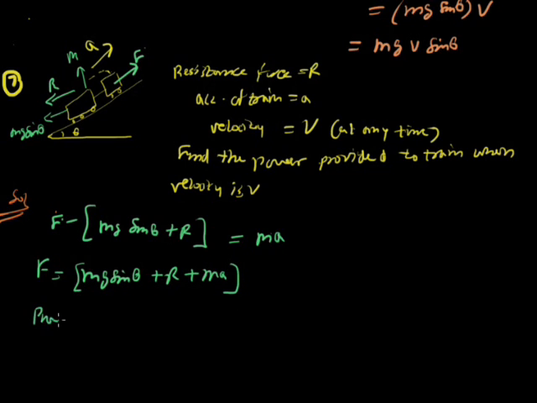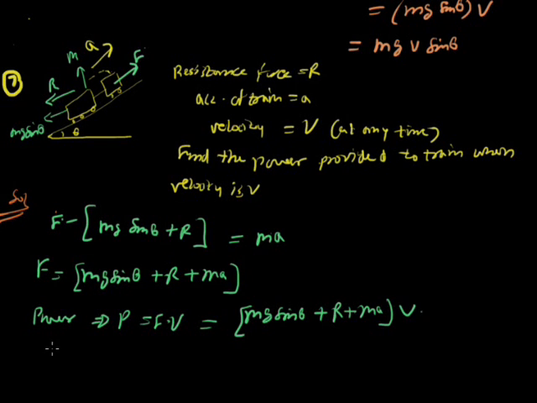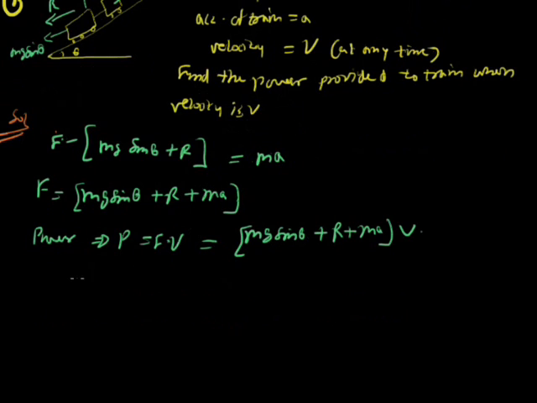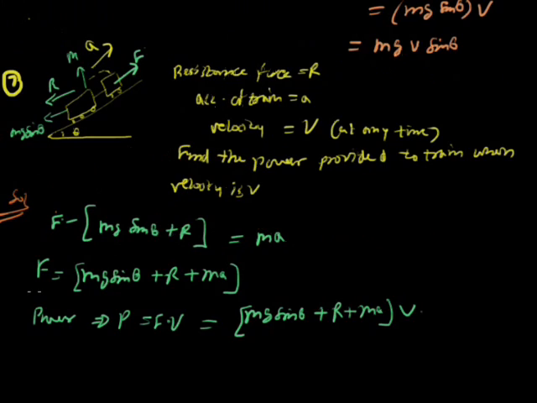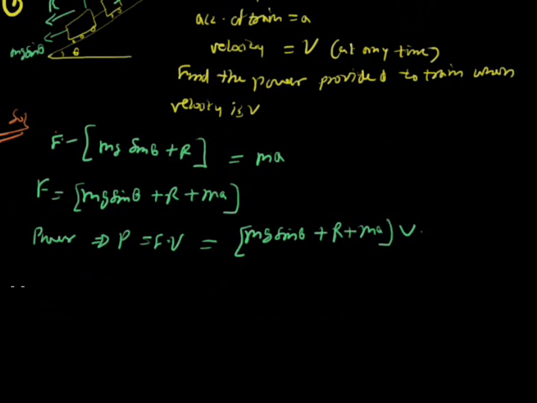Power P equals F dot V, that is simply mg sin theta plus r plus ma, into V. This is a simple question, not much calculation, simply conceptual, based on power.